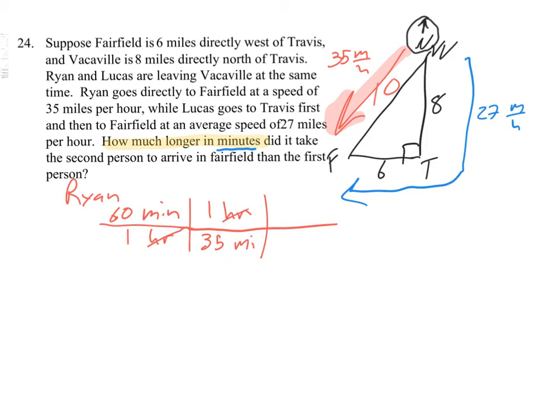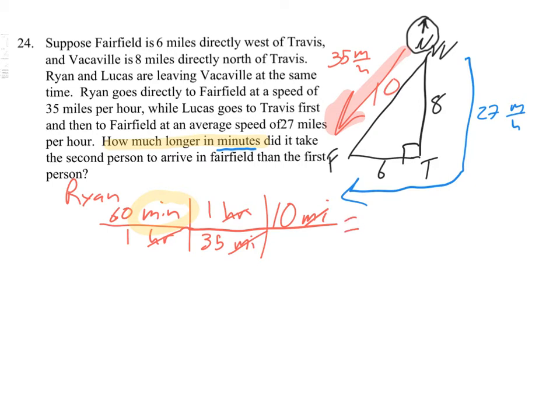Well, if you look at our drawing here, we said that Ryan is traveling 10 miles. So let's put 10 miles up here. Now miles cancel out. So look, the only unit I have left is minutes. And so if I just do 60 times 10 divided by 35, I'd get the total number of minutes it takes Ryan to travel those 10 miles.